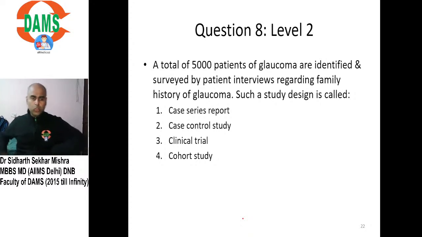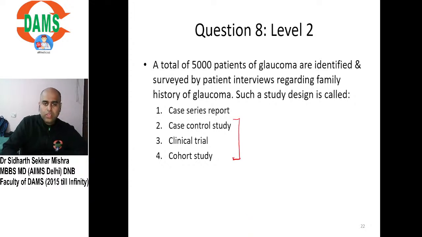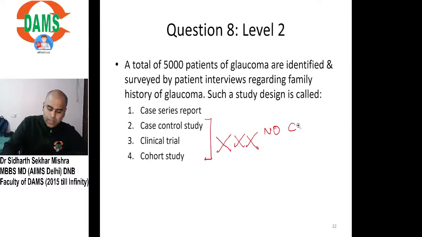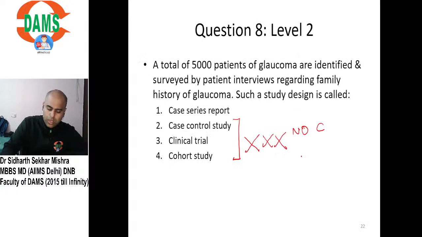Very, very good. See, if anyone has answered case control, clinical trial, or cohort, it is absolutely wrong because there is no comparison group. Now, as there is no comparison group, you cannot mark the answer as option number 2, 3, or 4.